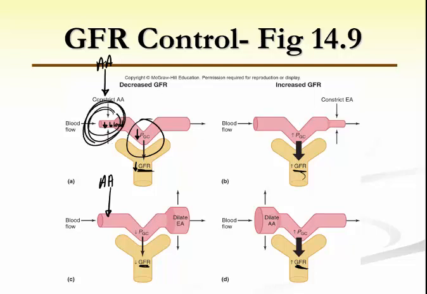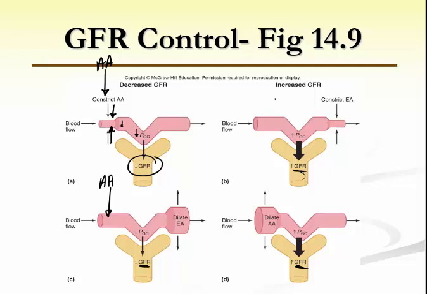So that's an activity that we would want to happen if we're having high blood pressure. High blood pressure could cause this capillary to rupture, which is bad. And so we want to reduce the amount of blood leading into that filter, therefore dropping the pressure back to normal and reducing a high glomerular filtration rate back to normal.